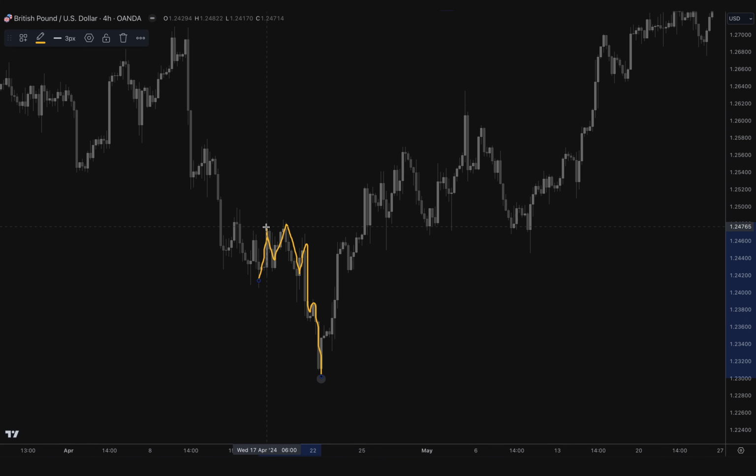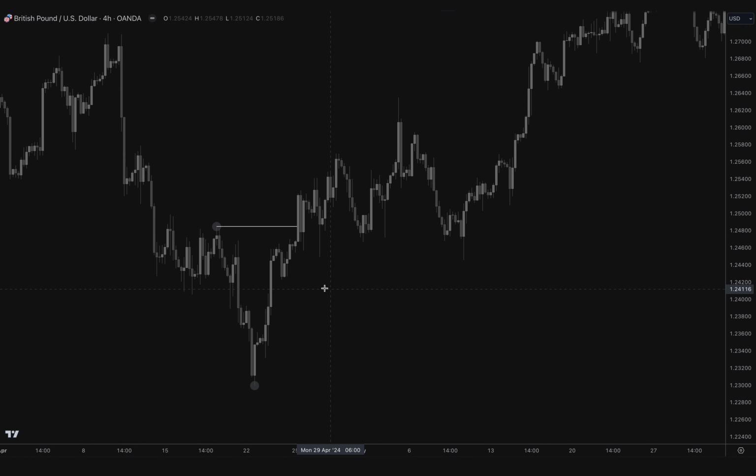However, you can see here, that is where the first break happened. This high was lower than this high, right? And then you had the break and price started going down. So simply put, this is going to be our previous swing high. So we can mark this break over here, and this is our swing break of structure.